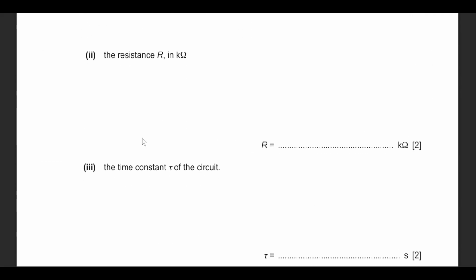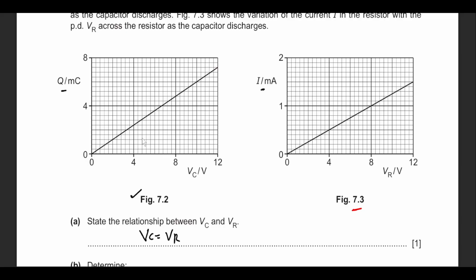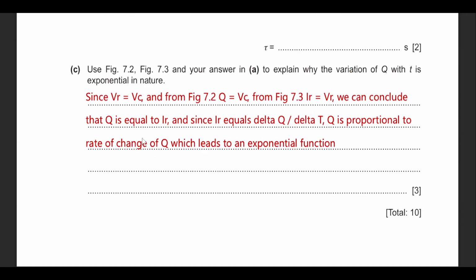He says calculate the resistance R. So we have a very simple formula, which is V equals IR. And according to figure 7.3, I have current and I have voltage.